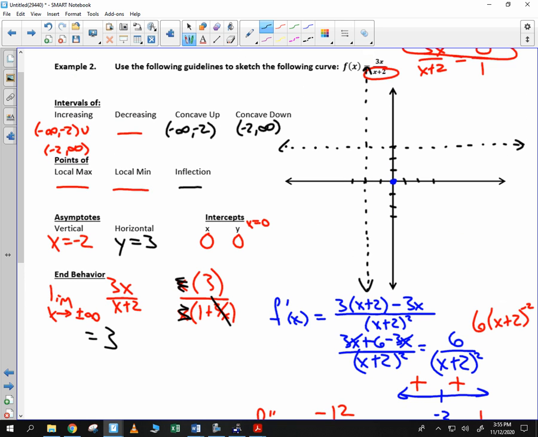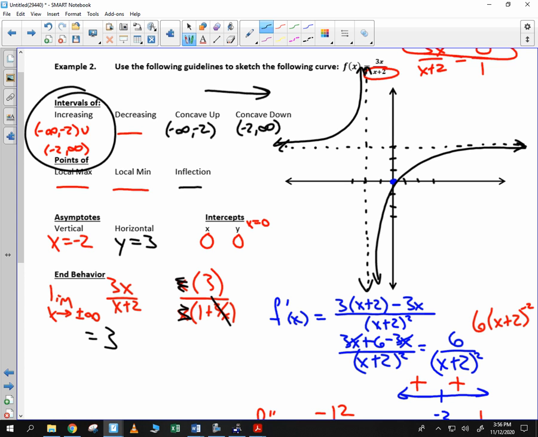So as you sketch this graph, notice it's concave up in this region, so it's going to look like that. And it's concave down in this region, so it's going to look like that. Notice we said it's always increasing, and this function, it's always on its way up. And so that confirms the graph of this rational function.